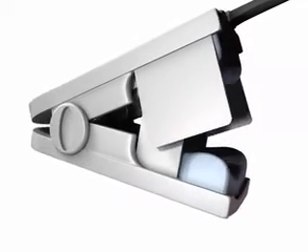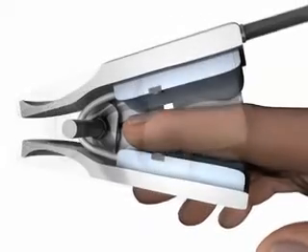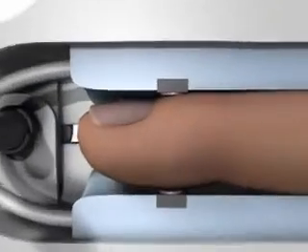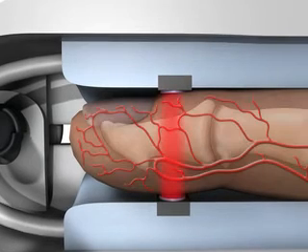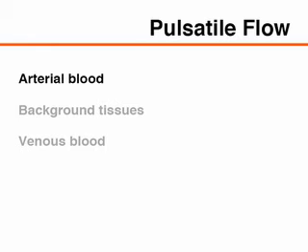The probe is positioned so that the photodetector and light-emitting diodes face each other, with layers of tissue between them. The photodiodes turn on and off several hundred times per second to record the light absorption during pulsatile and non-pulsatile flow. During pulsatile flow, the light absorption of arterial blood, background tissues, and venous blood is detected.